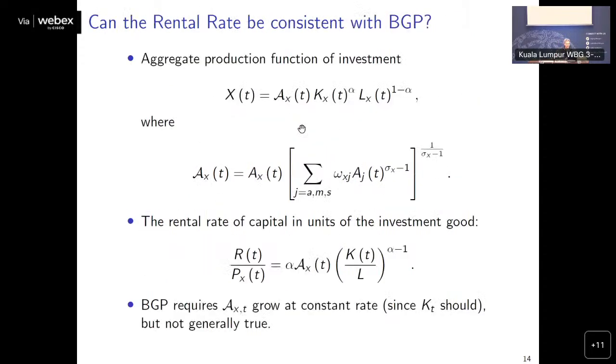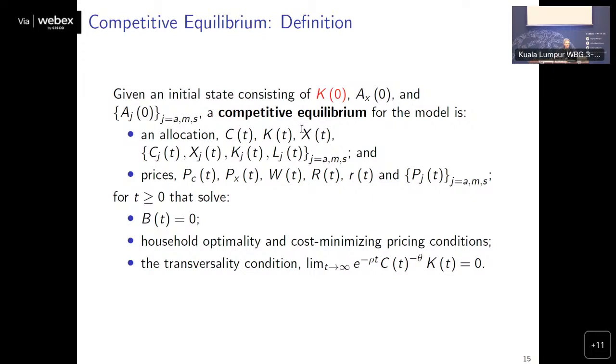All right. So let me give you quickly, again, I'm not sure how many people are macro people, but we typically define competitive equilibria. And a competitive equilibrium starts with an initial level of capital, initial technology levels, and you solve for the series of prices and quantities that satisfy the maximizing conditions and the budget constraint.